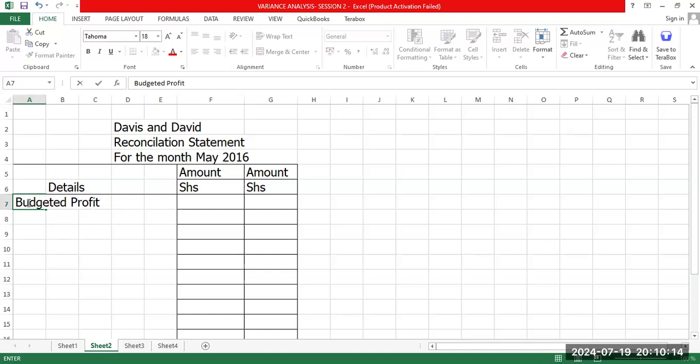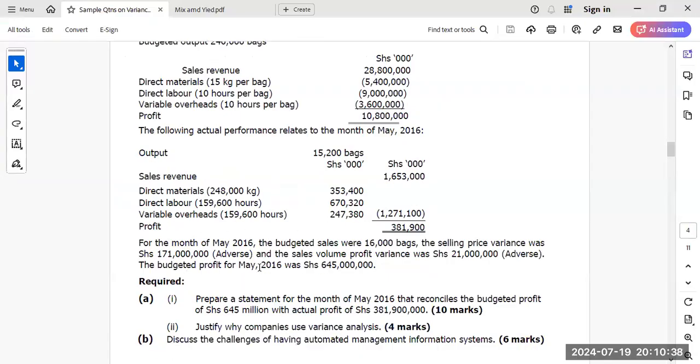We are going to start with our budgeted profit. They are telling us how much it is: it is this figure. That is the one we are going to start with.